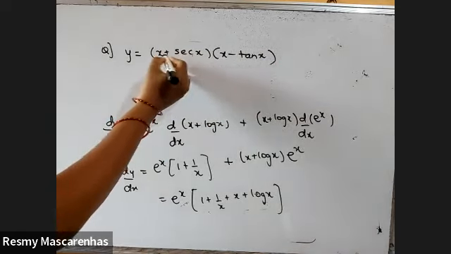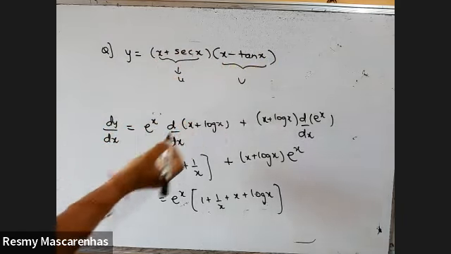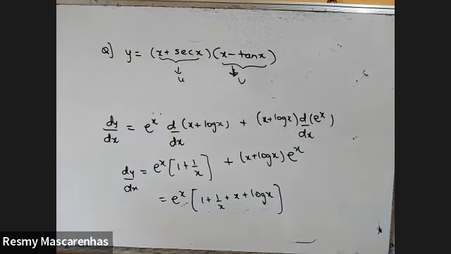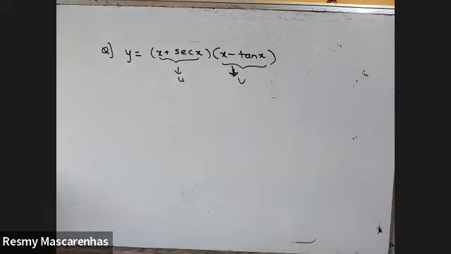Now, as long as there's a plus sign, this whole thing will be considered as u. This whole thing will be v. Now start differentiating.